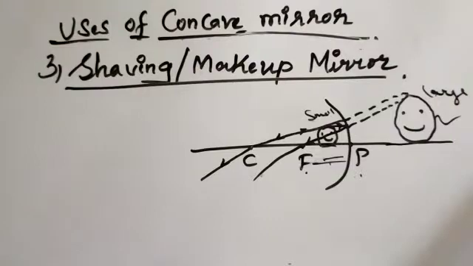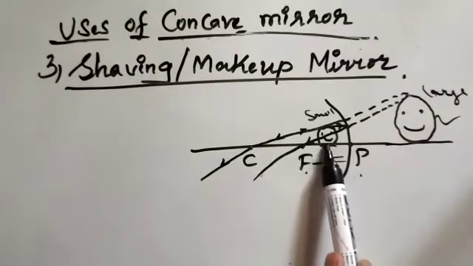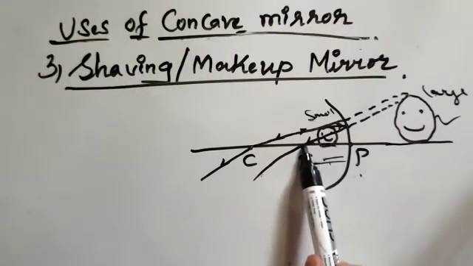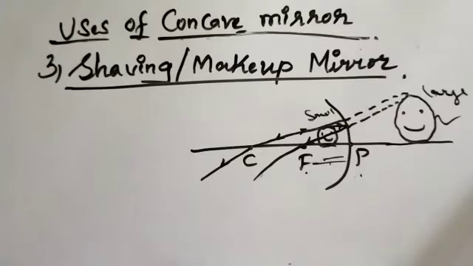Remember one thing, in the case of a concave mirror, only when an object is between P and F, that is when you are near to the mirror, you will observe this application. When you are far away from the mirror, you can see an inverted image.